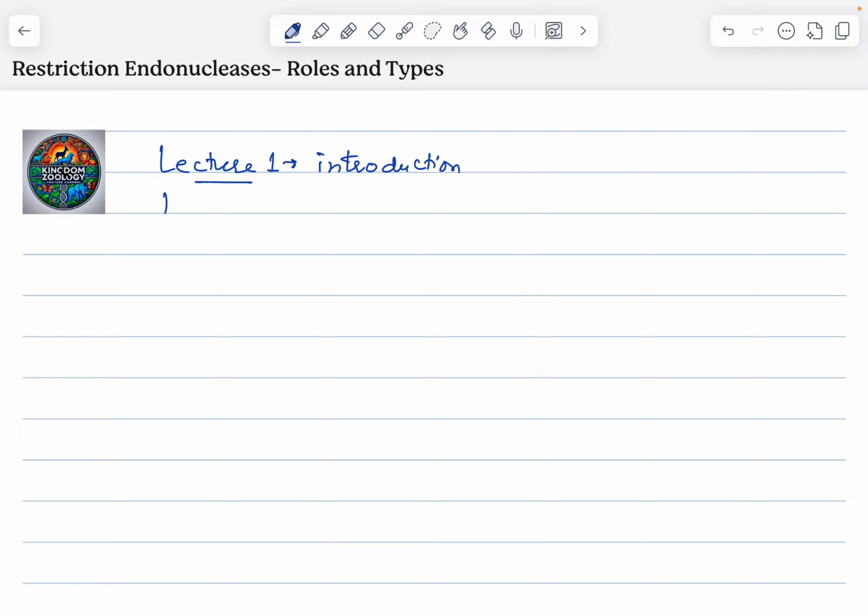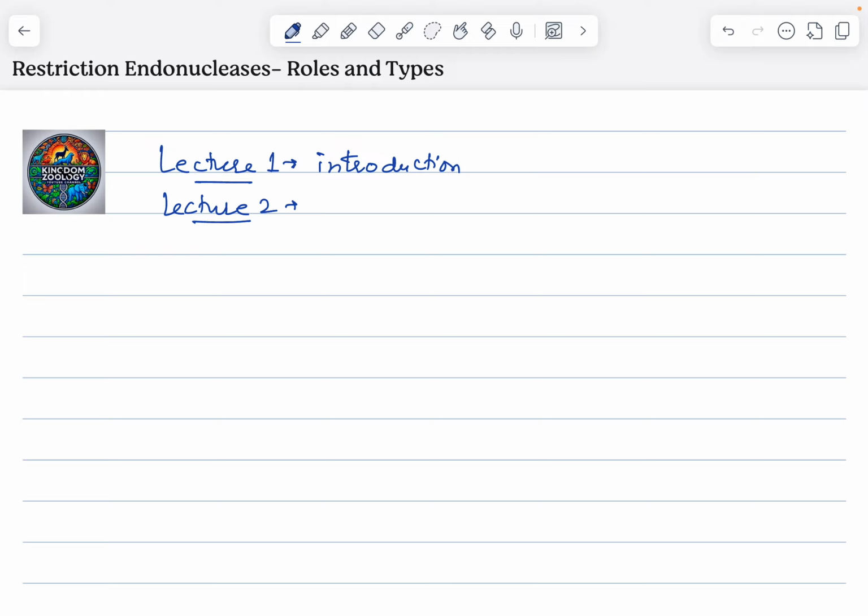Then in lecture 2 I basically told you about the most basic point of modern biotechnology, that is first of all identifying your target, what you want to do. For example, I want to actually help humanity overcome the menace of diabetes mellitus. Diabetes mellitus is the disease that is caused by insulin deficiency.